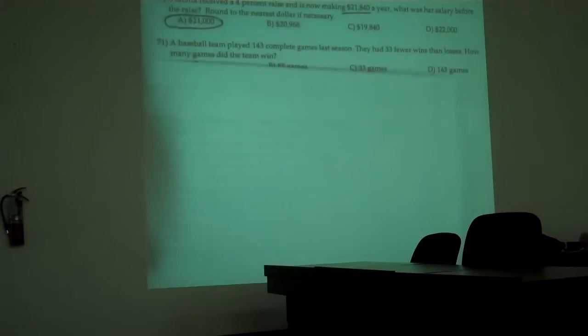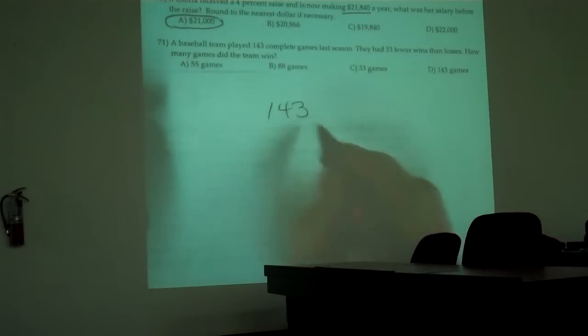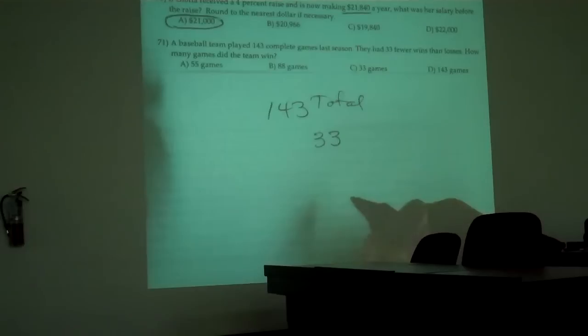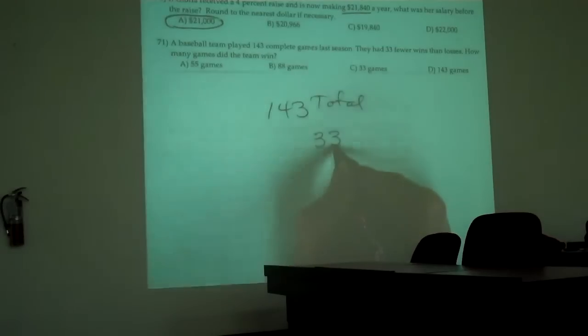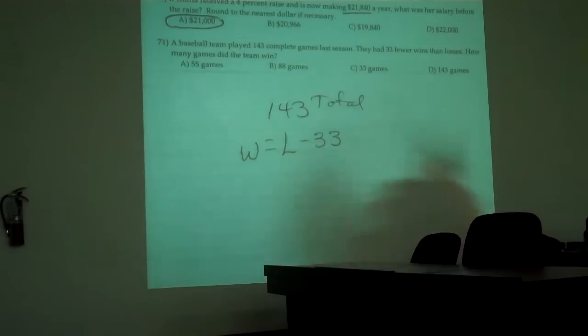Okay, a baseball team played 143 games total. They had 33 fewer wins than they had losses. So their wins were less than their losses. They had more losses, right? Their wins were their losses minus 33?